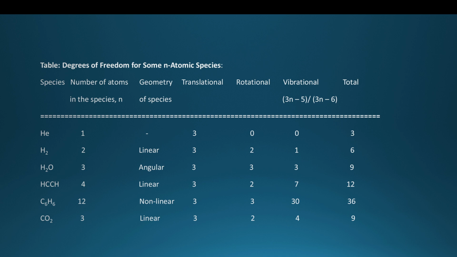Here I have collected degrees of freedom for some n-atomic species. The first column reads species: helium, hydrogen, H2O, styrene, benzene, CO2. The second column reads the number of atoms in the species: 1, 2, 3, 4, 12, 3. The third column gives shape.